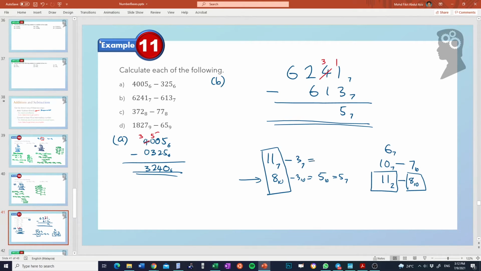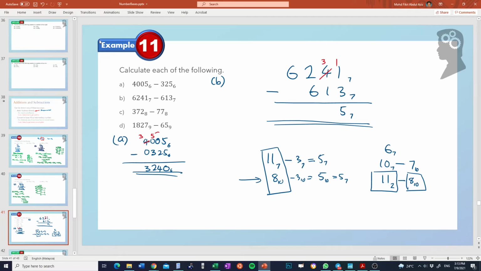If you do not know how to solve 1 minus 3, then do 8 minus 3. Because the answer is still the same. 5 base 10 and 5 base 7 is still the same. Macam mana Amy? Confused? Okay, faham. Tak apa, kalau ada sedikit-sedikit tak faham, kita terpaksa faham juga bila kita buat latihan sekejap lagi.